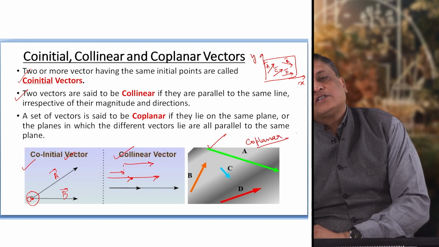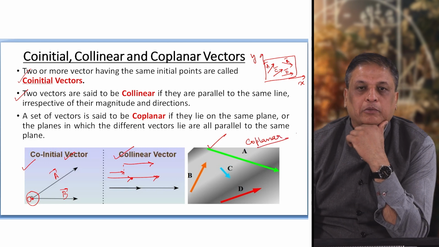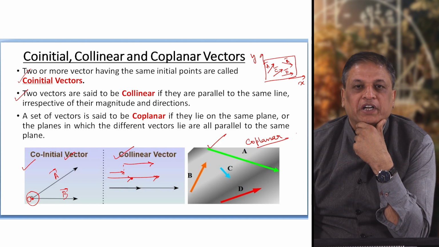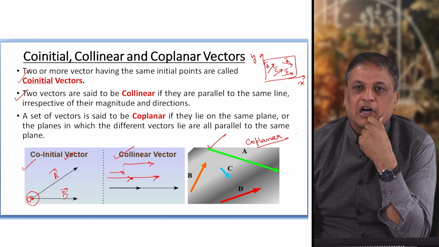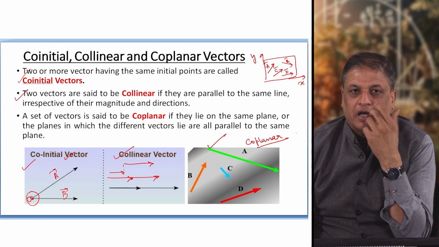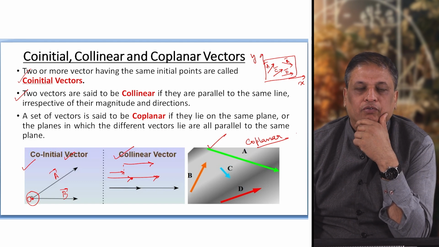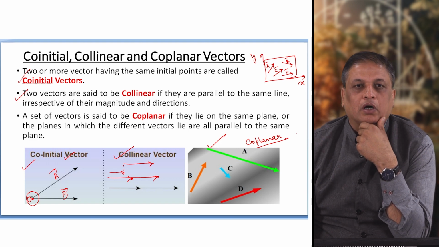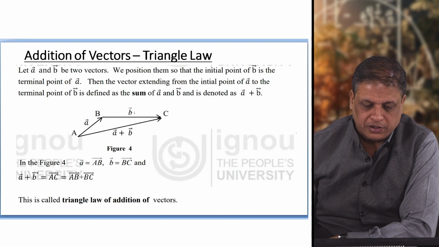So vectors lying in the same plane are coplanar vectors. That means all vectors will satisfy the equation of the plane. Collinear vectors are vectors which are parallel to some line or parallel to one another. Co-initial vectors are those having the same initial point.